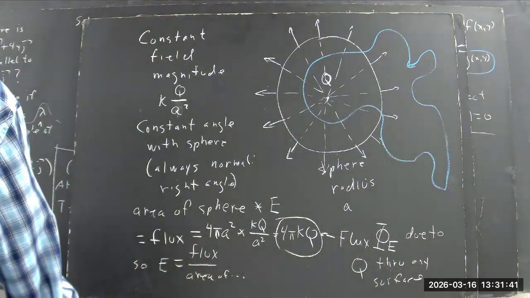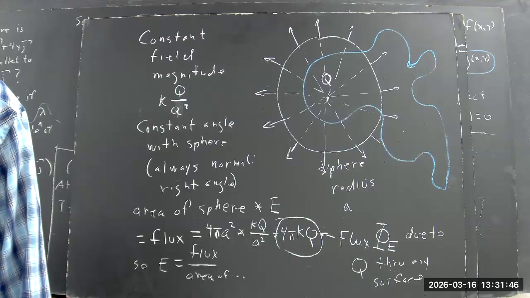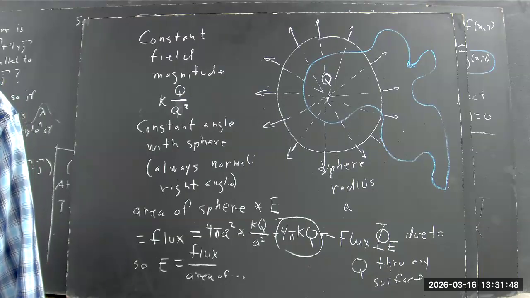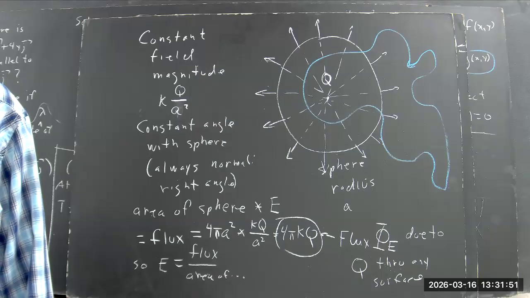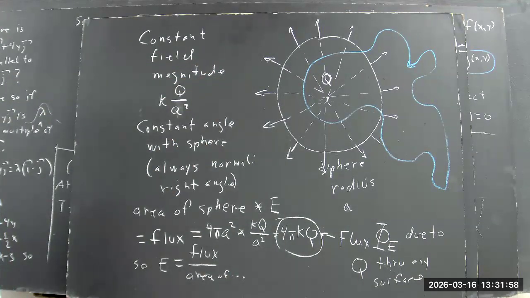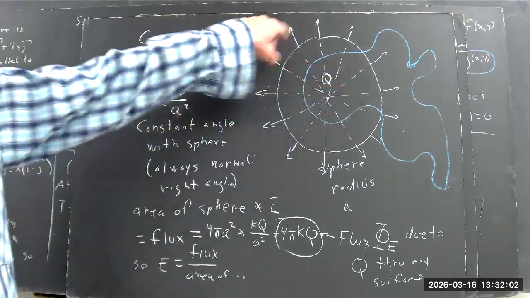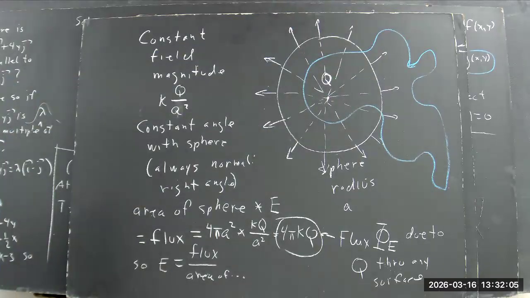Now, this is something I could have told you in about 30 seconds. We've spent probably 20 minutes or more developing the idea. The reason is I want you to always know this: you can take a charge, put it in the center of a sphere, and find the flux, and that's the flux through any surface due to that charge, as long as the charge is inside.